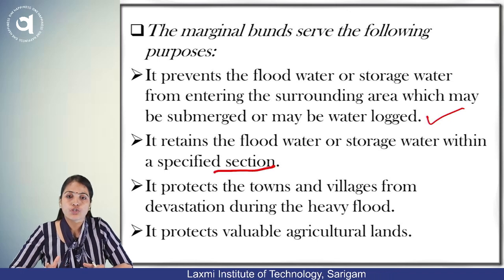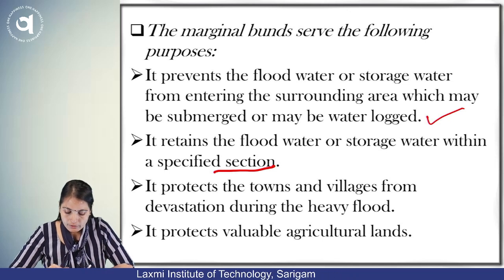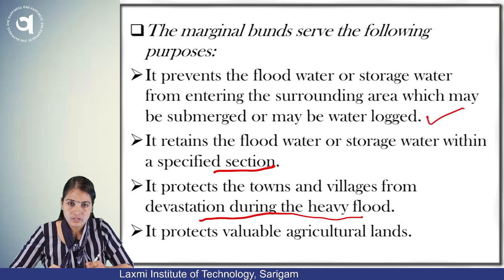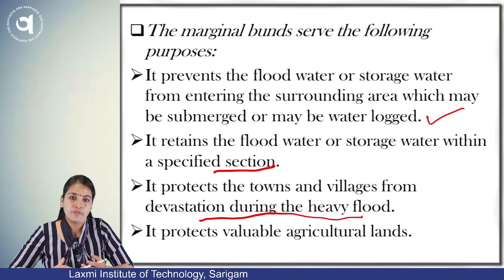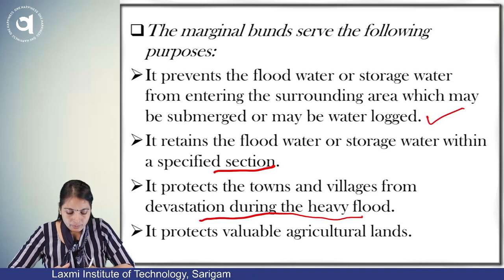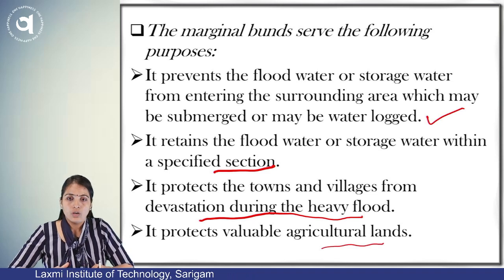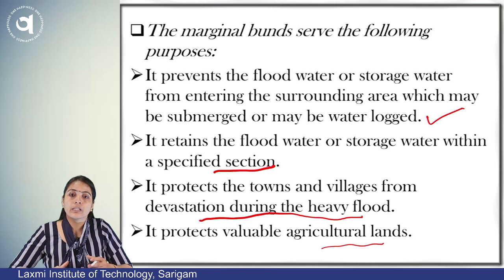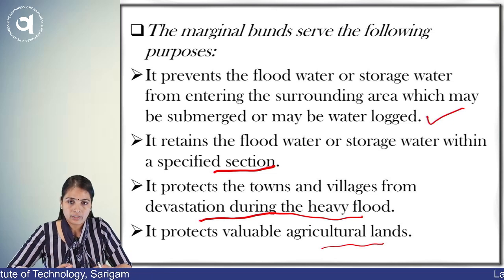So whatever the section of the river, it maintains the water within that section, and it protects the town or village from devastation during heavy floods. So when you are providing marginal bunds, you will also get protected from the flood, and it protects the valuable agricultural lands. Also, whatever the agricultural land provided near the side of the river, this area also gets protected.